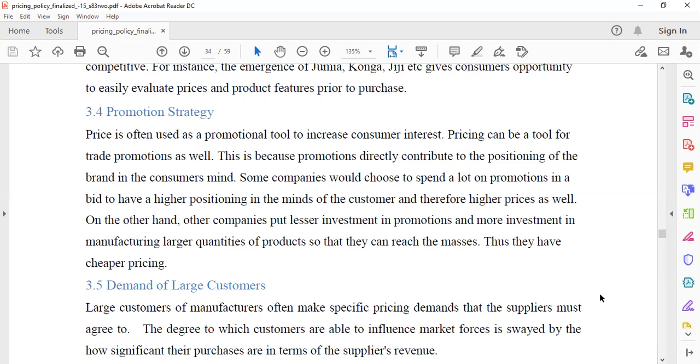Organizations that spend more in promotion tend to have higher prices. In the course of the promotion, they aim at a positioning strategy that gives the customers a different perception about the product so that they could afford to pay more for it. On the other hand, the organizations that spend less save money and could afford to have a lower price. So promotion is a cost element and has a way of affecting price.